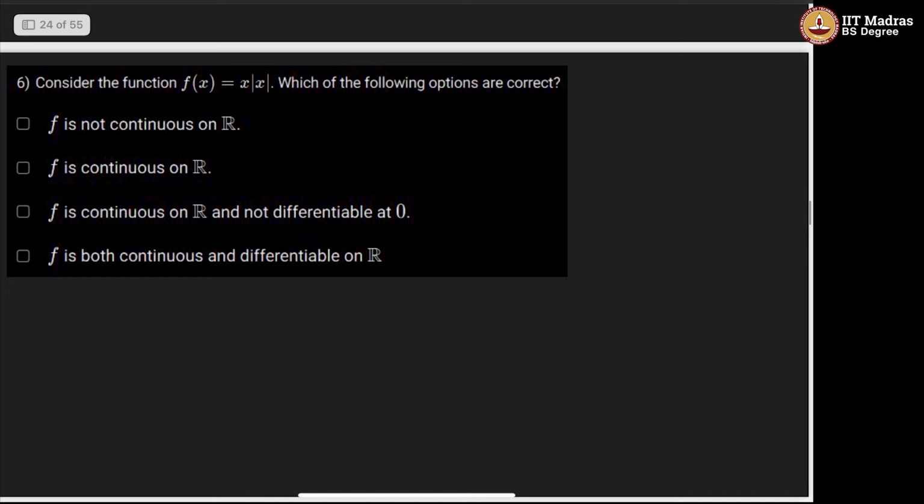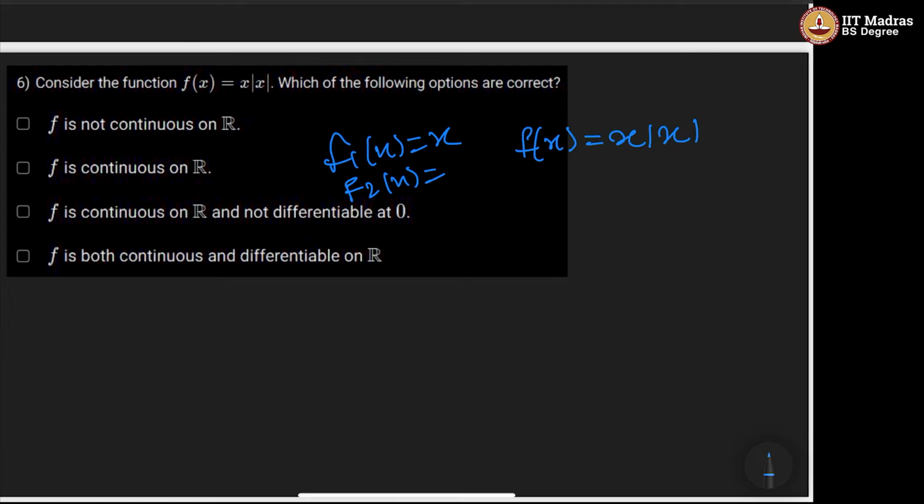Okay, this is the sixth question. We have the function f(x) equals x mod x. We know that f1(x) equals x and f2(x) equals mod x. Both the functions are continuous, right?